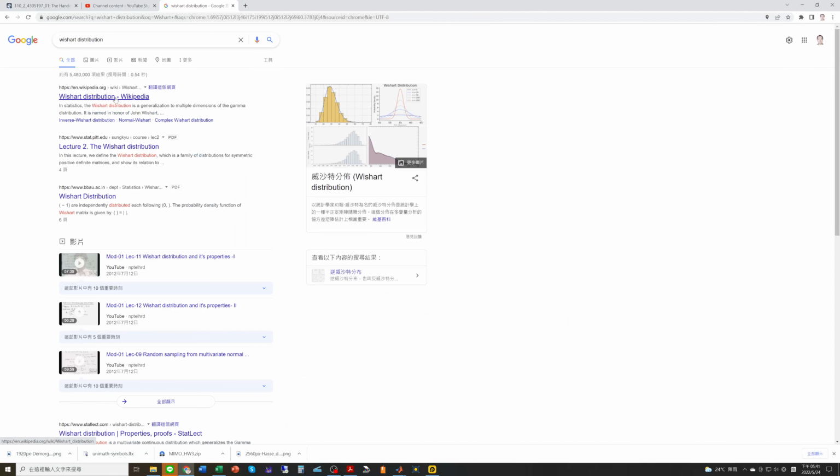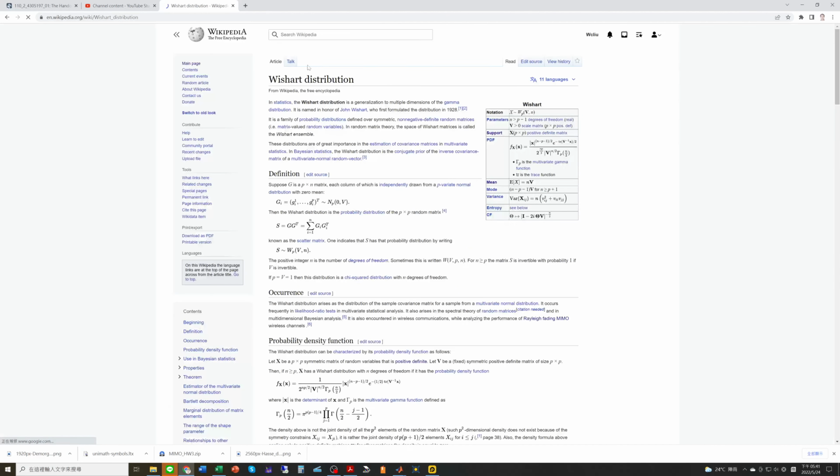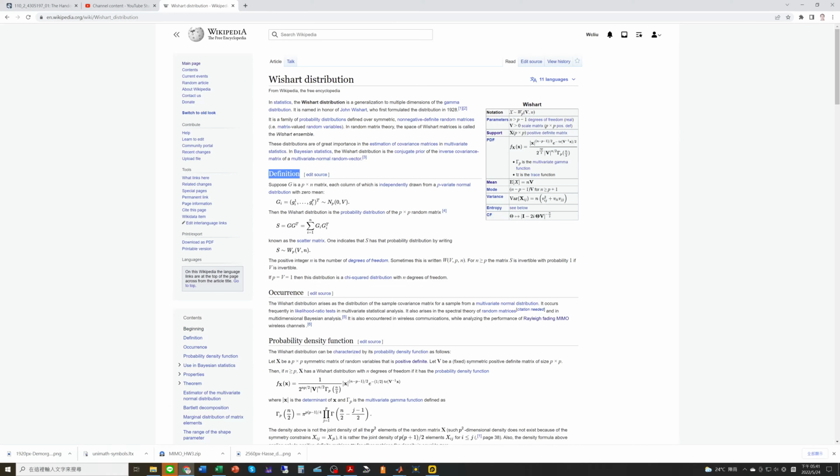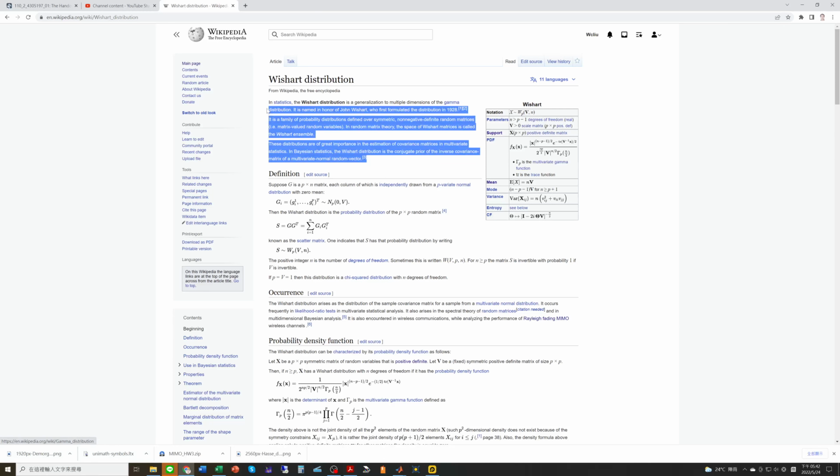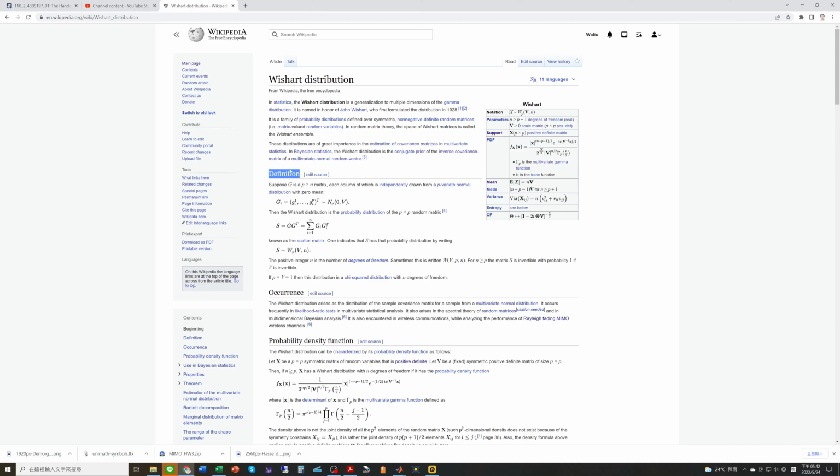I recommend you to read the Wikipedia article about the Wishart distribution. Okay, let us see the definition. Because of the time limitation, I do not plan to go through this part, and we directly jump to the definition section. I think I can enlarge it.